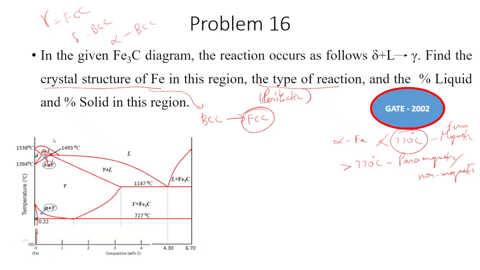Now we will solve the rest of the problem. We have to find the percentage of liquid and percentage of solid in this particular region. Since it is too small, I will rewrite it here.